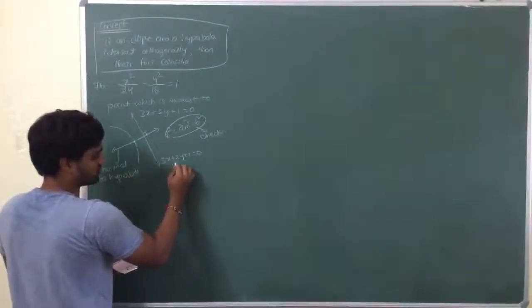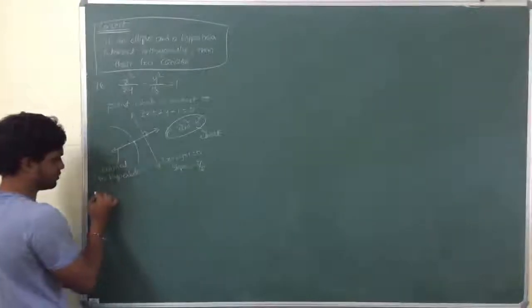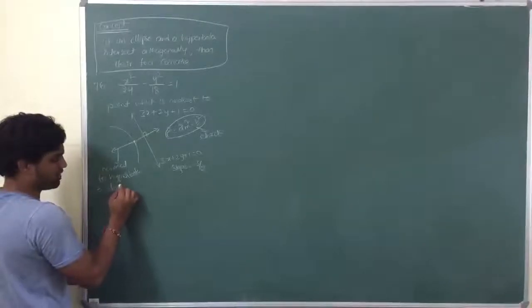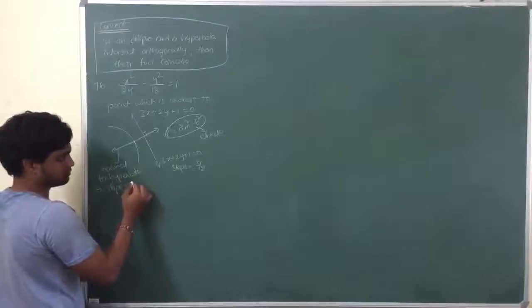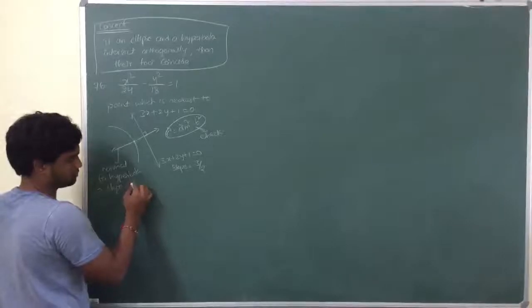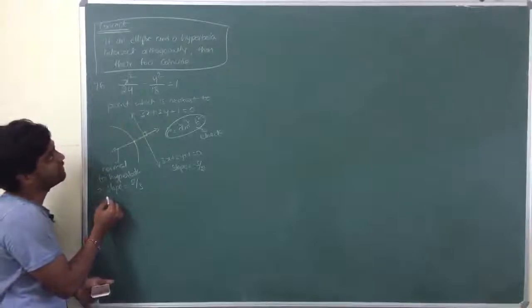Slope of this line is minus 3/2. So slope will be 2 by 3.